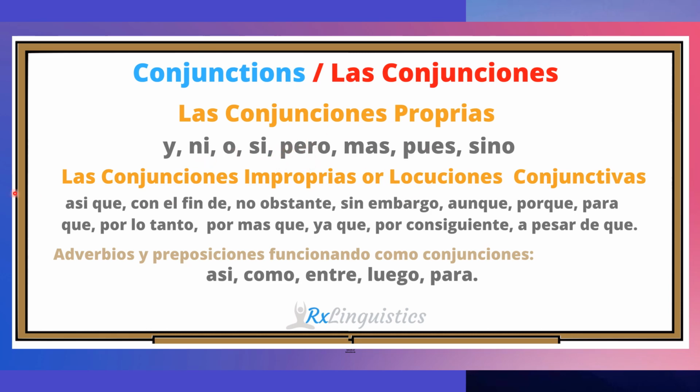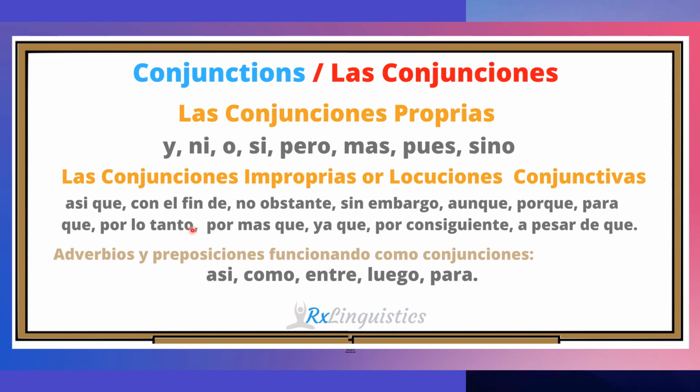So all this here, así que, con el fin de, no obstante, sin embargo, aunque, porque, para que, por lo tanto, por más que, ya que, por consiguiente, a pesar de que, all those are conjunctive locutions.